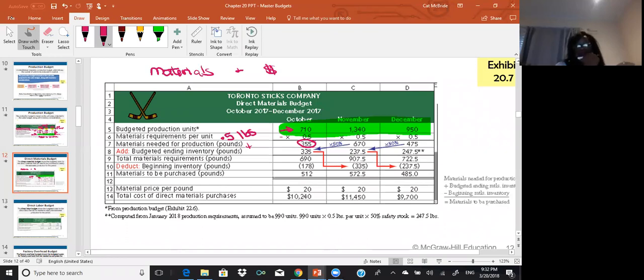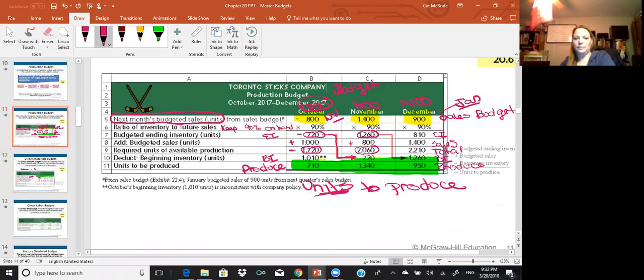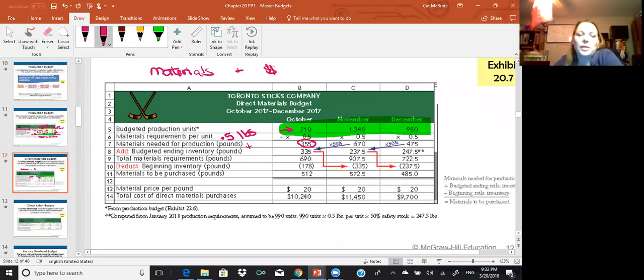Okay. So if we're going to produce 710 units, which came from the bottom line in our production budget, and each unit requires a half a pound of material, we need 355 pounds. Now we have to say, okay, what about ending inventory?